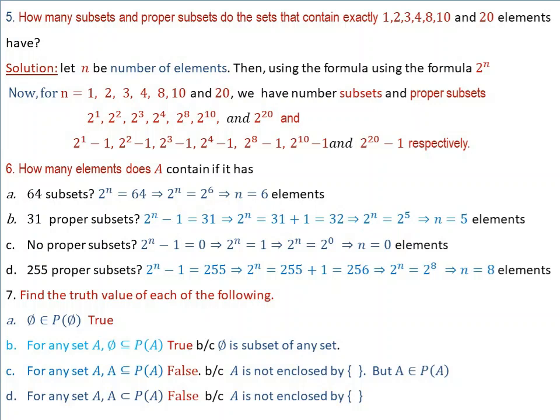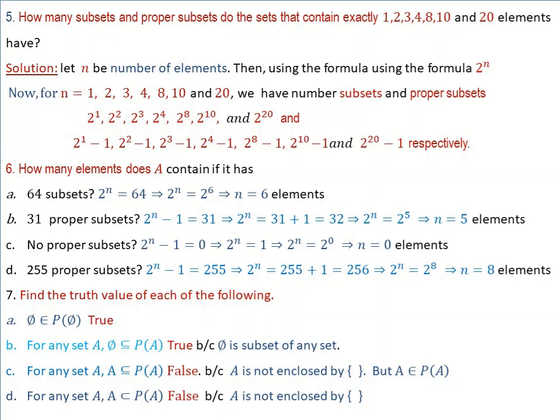Then n is equal to 5, so the set will have 5 elements. C asks about the number of proper subsets: no proper subset, there is no proper subset. That means the number of proper subsets is 0. By using the formula 2 to the power of n minus 1 as the number of proper subsets, then 2 to the power of n minus 1 is equal to 0.